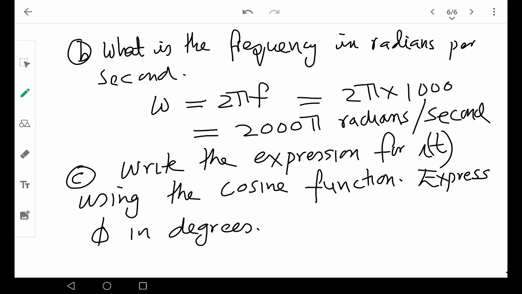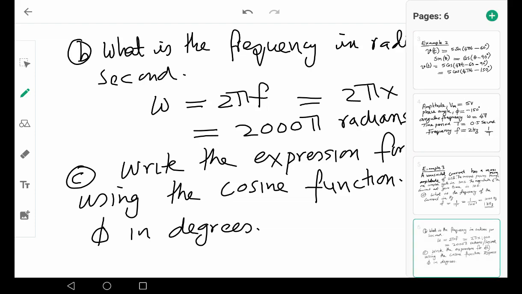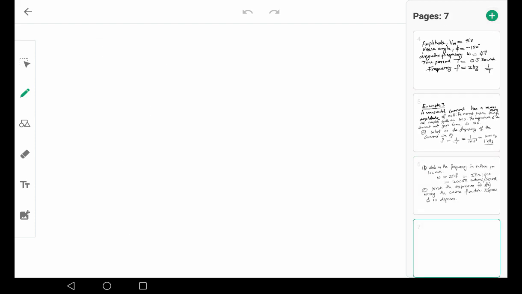That is the third question. So we will see how to do it.